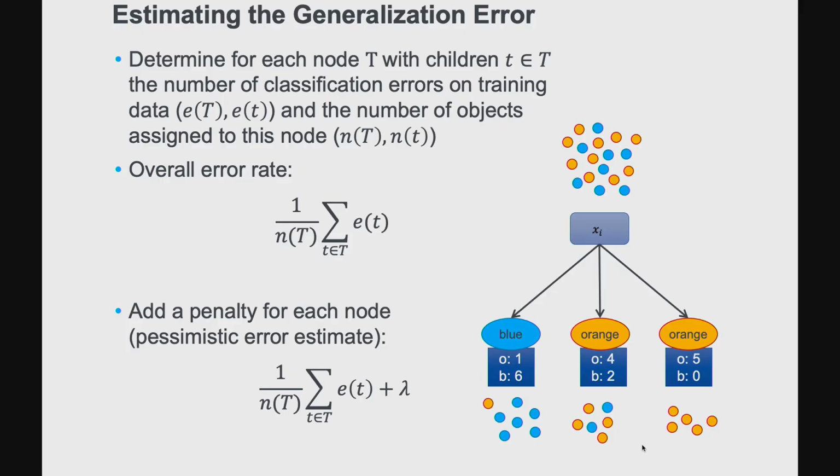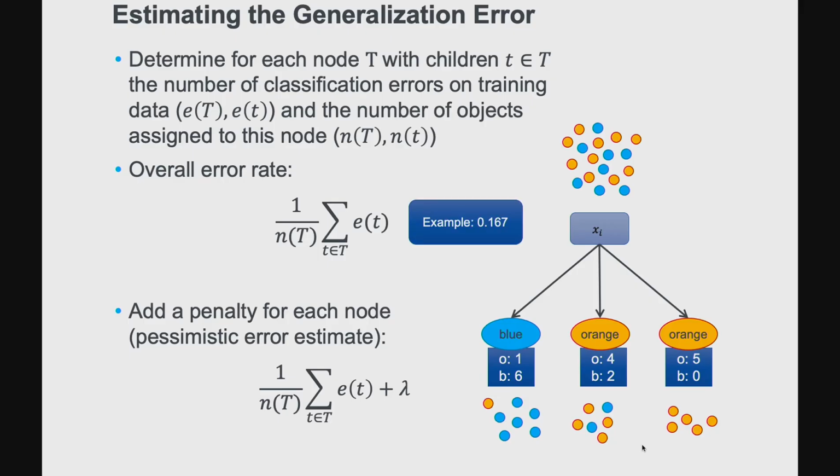Now, every time that we specialize, we can say every specialization should also be punished, because we risk becoming too specifically adapted to our training data. So let's punish our mechanisms by counting not only the errors that we make. This number gets smaller and smaller and smaller as we refine our tree. But also, every time that we create such a new tree, let's add some parameter lambda as a kind of virtual punishment for enlarging the tree.